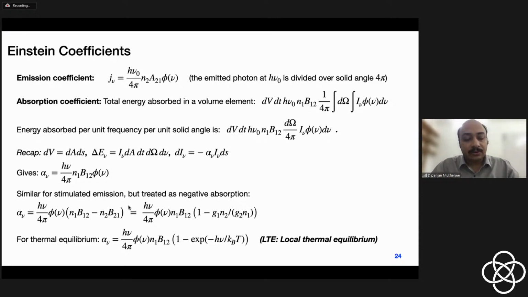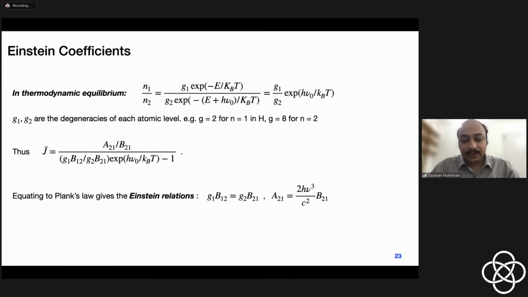But note here, there is something interesting inside the bracket: N1B12 minus N2B21. We just learned previously that B12 and B21 are related in this way, which is given by the Einstein relation that we find by comparing the Planck black body function with the effective expression of the energy density we derived.